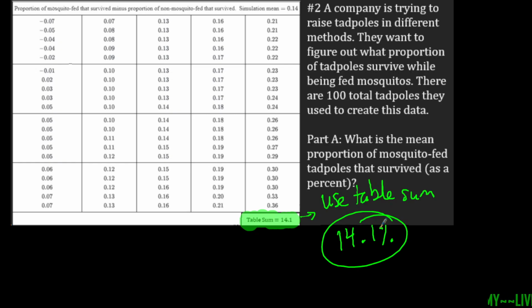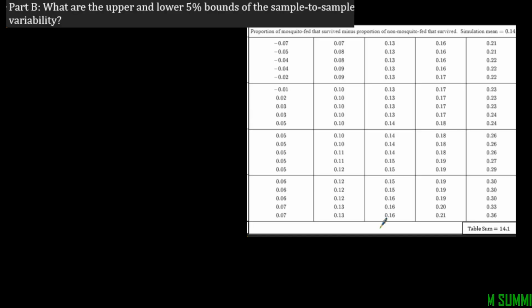Now let's actually talk about the data here. In part B, it says what are the upper and lower 5% bounds of the sample-to-sample variability. What this is just talking about is this. I'm going to write the directions down here for you.